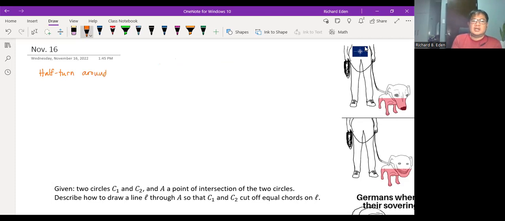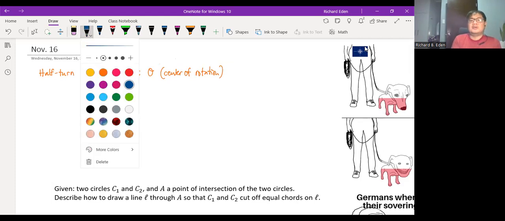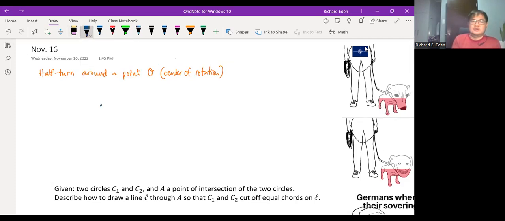Now, the only ingredient of a half turn is a fixed point. Half turn around a point O, which we're going to call the center. About point O? Reflection about point O po? Actually, that's precisely what's going to happen. It's going to be a reflection around point O. So, point O. Then, kunwari, if you have this point A, the image will be the reflection.